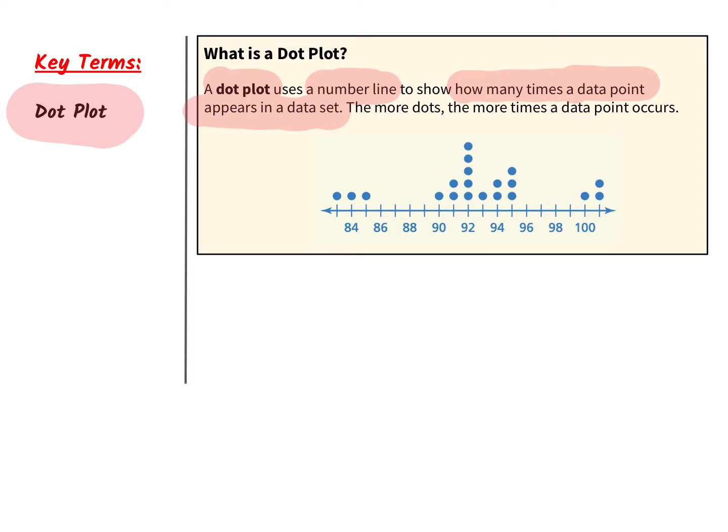Every single dot in the dot plot is itself one piece of data in your set. Here we've got 1, 2, 3, 4, 5, 6, 7, 8, 9, 10, 11, 12, 13, 14, 15, 16, 17, 18, 19, 20 dots. Therefore, in this data set, 20 pieces of data were collected.